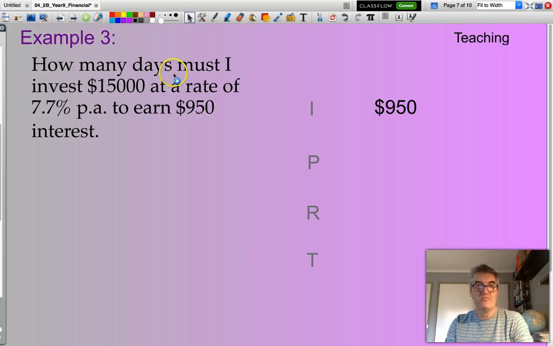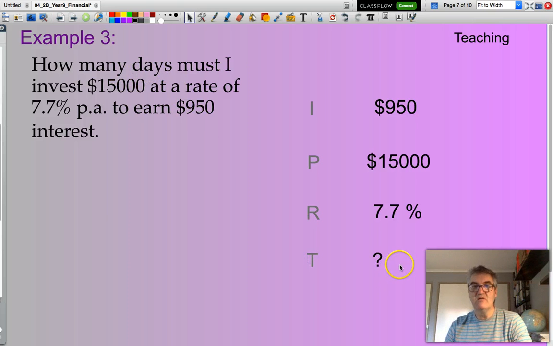My principal, that's how much I'm looking to invest, $15,000. My rate, my interest rate, well, here is my interest rate, 7.7%. And the time, well, that's what I'm being asked for, how many days? So the time is question mark years.